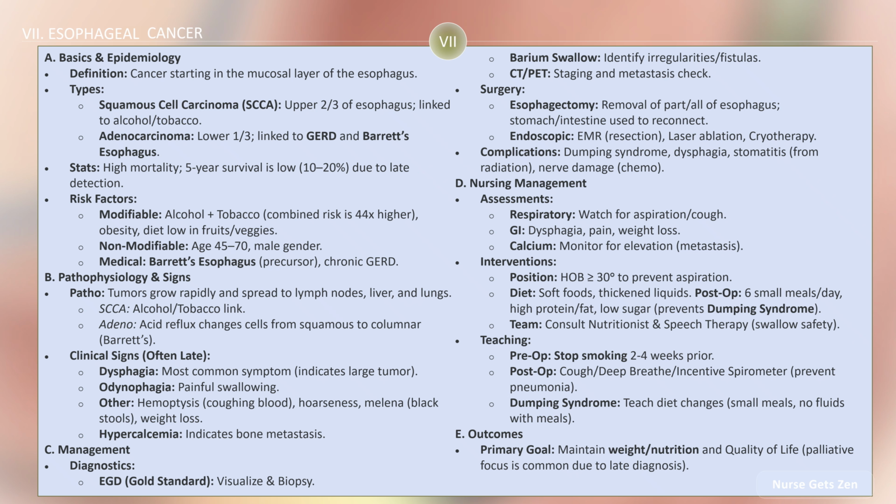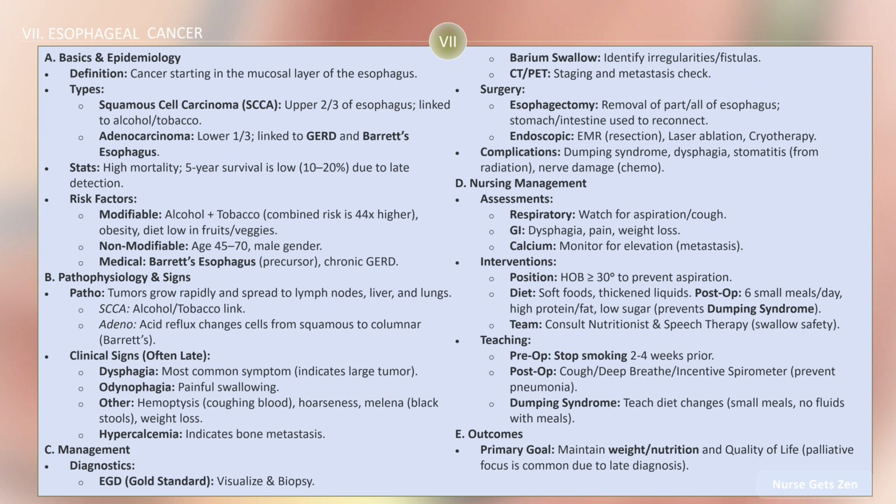So, esophageal cancer starts in the mucosal layer of the esophagus. Types: squamous cell carcinoma and adenocarcinoma. The high mortality: the 5-year survival rate is low, 10 to 20 percent, due to late detection.